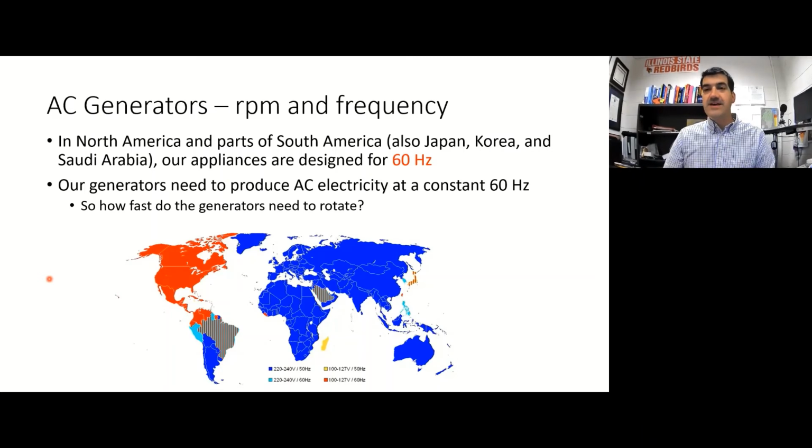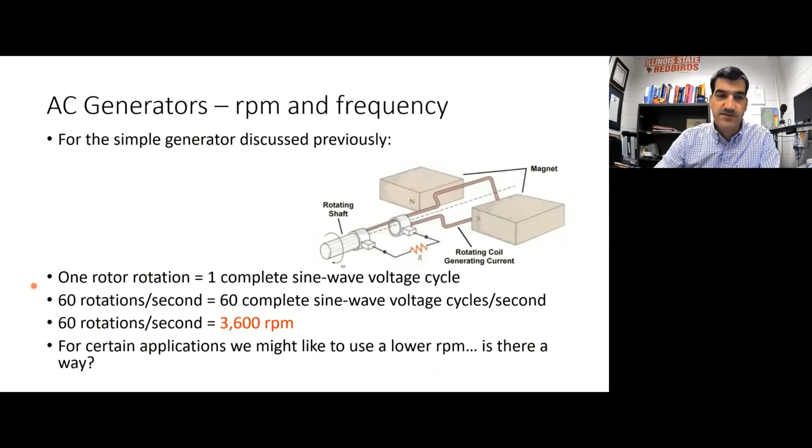All right, so relating it back to North America for the time being, we want our generators to produce electricity at 60 hertz AC. So how fast do they need to spin? All right, so this is what we talked about just a little bit ago. If we have our very simple generator, like this one right here, where we only have two magnetic poles, we're going to call this a two-pole generator.